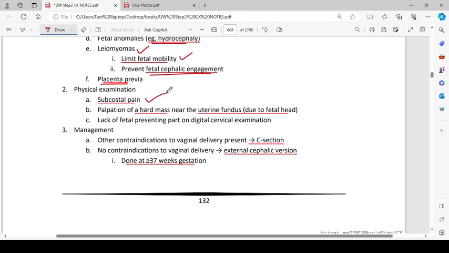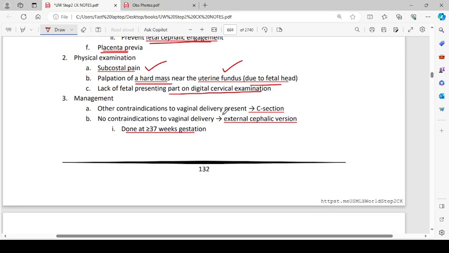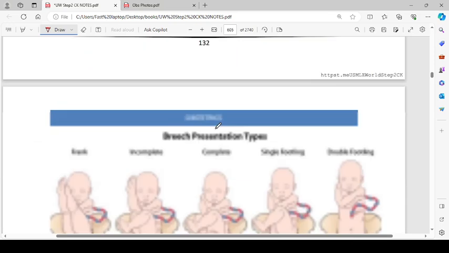Physical examination has subcostal pain, palpation of a hard mass near the uterine fundus due to the fetal head, and lack of a fetal presenting part on digital cervical examination. Management: if other contraindications to vaginal delivery are present, C-section. If there is no contraindication to vaginal delivery, external cephalic version, done at 37 weeks of gestation.